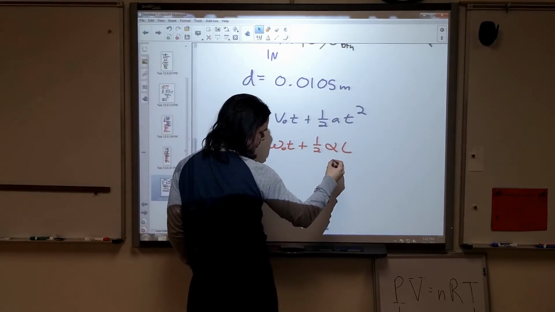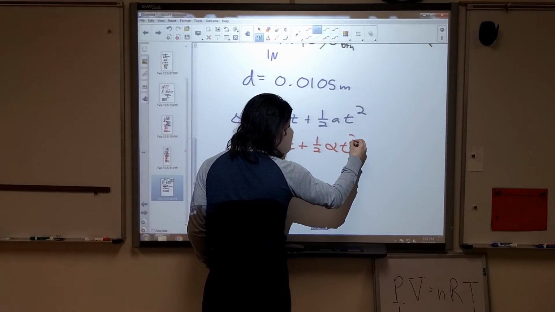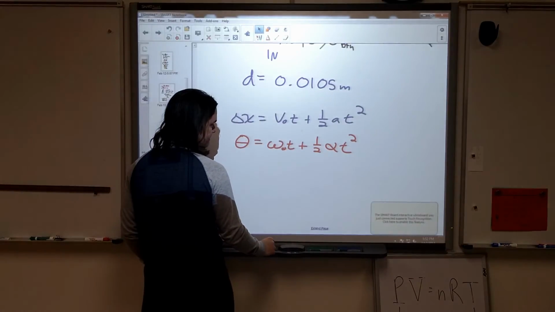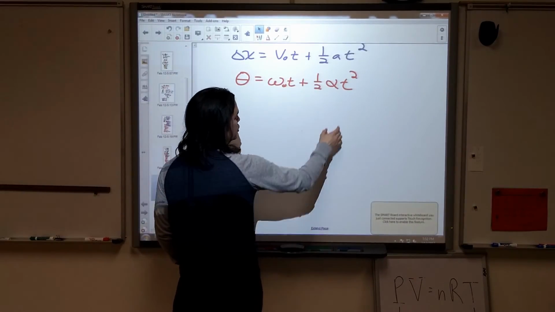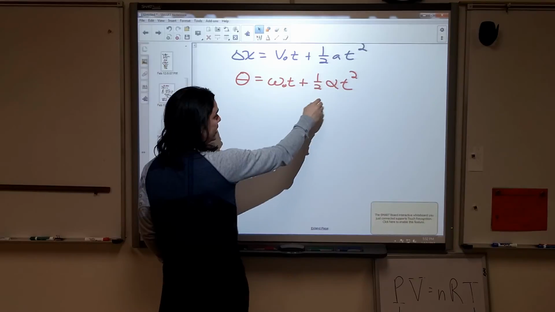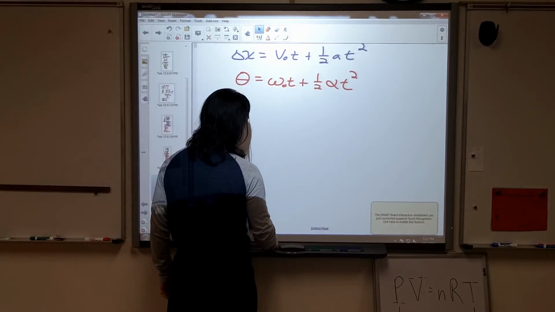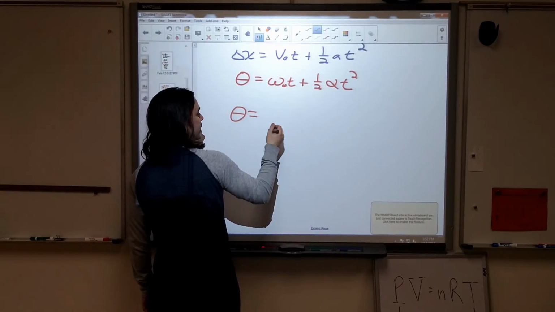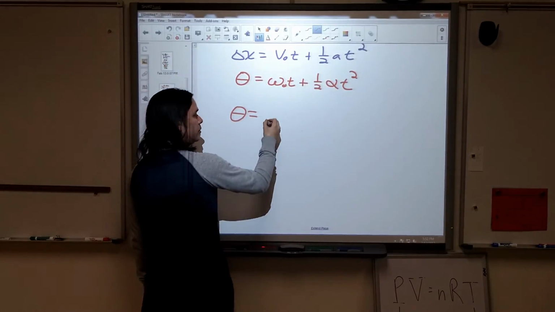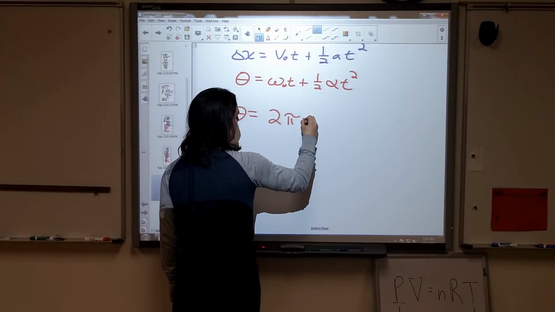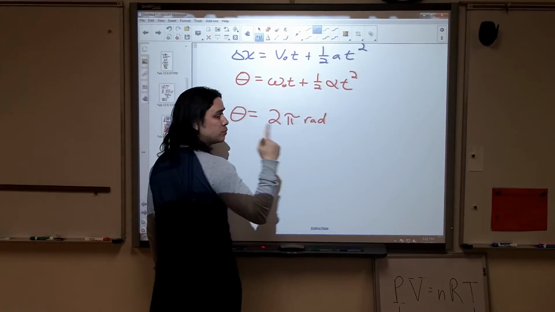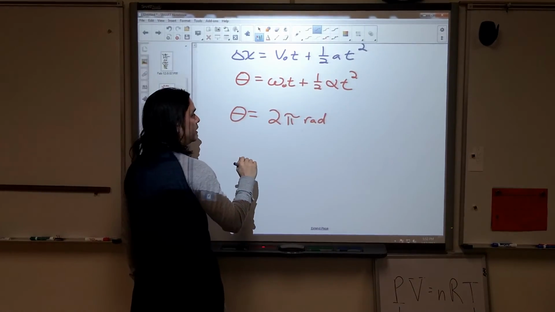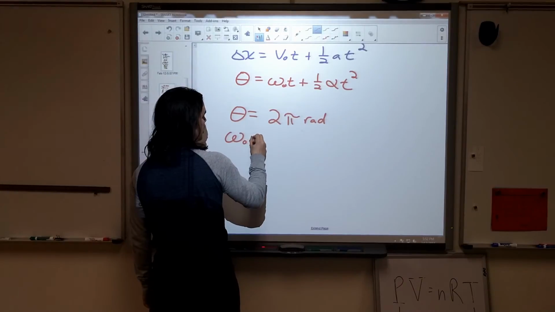Great. Here's where we bring in some information. We've got t, so we can fill that in, and we want alpha. So we're going to need our angular displacement, theta. Well, you recorded the time for one complete rotation, so theta is 2 pi radians. On top of that, I told you to start from rest.